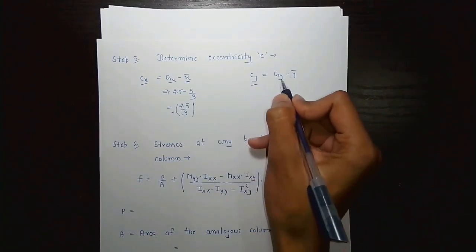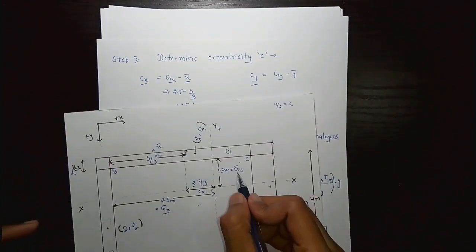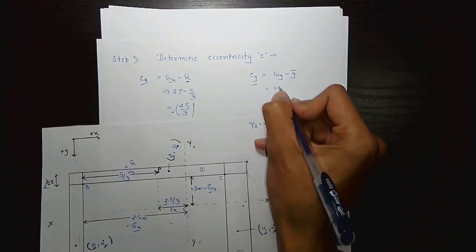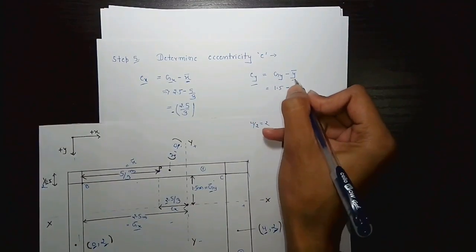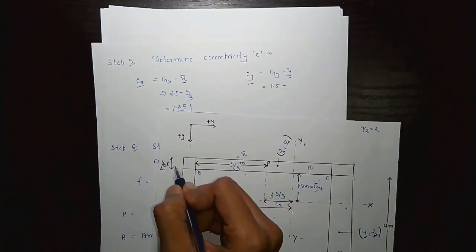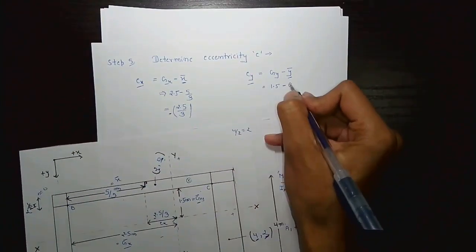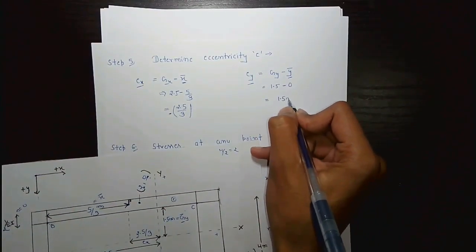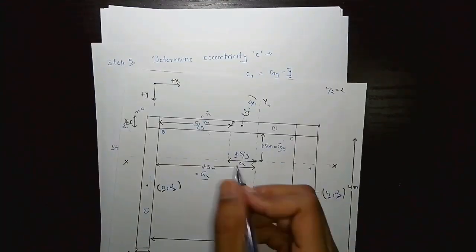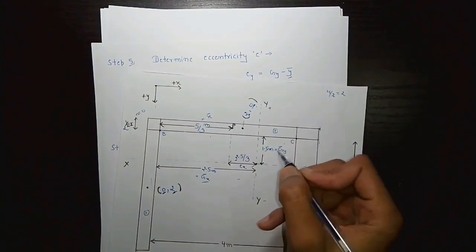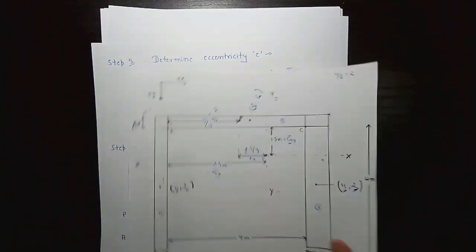Now eccentricity in y direction is Gy bar minus y bar. Because 1 by 2EI is very small or negligible, y bar will be equal to 0, so it is 1.5 meter. It is above the x-axis, so it will be positive.